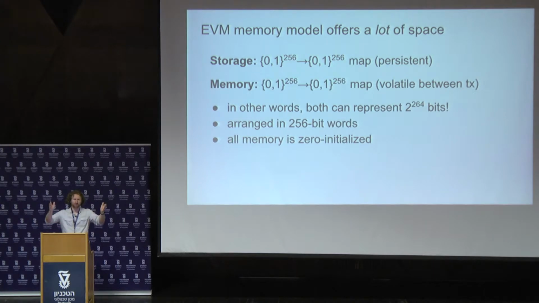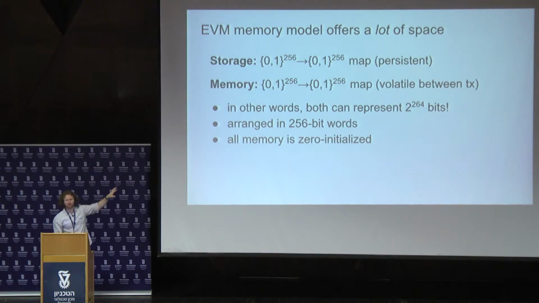So the word size is very big on this machine, and the memory space is just unbelievably big. So you basically get this huge, huge storage space. And storage is persistent, so it's kept forever. You can run a transaction that edits storage, and it will be there the next time your contract runs.